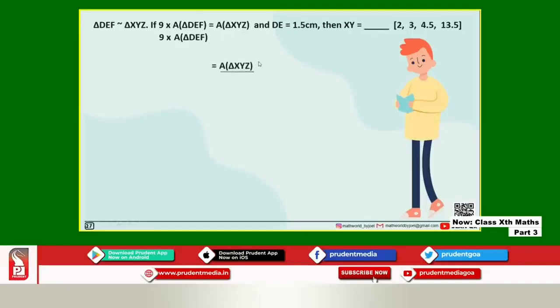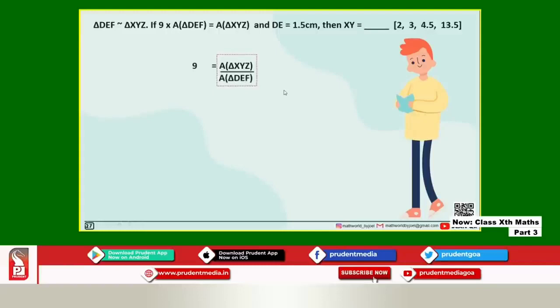We'll get area of XYZ on top and area of DEF in the denominator. 9 will remain as it is. If you don't write anything over here, it is understood that there is 1 over here. So 9 upon 1 is nothing but this ratio, right?